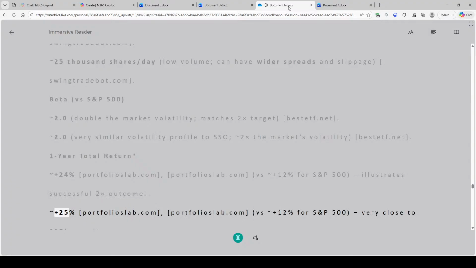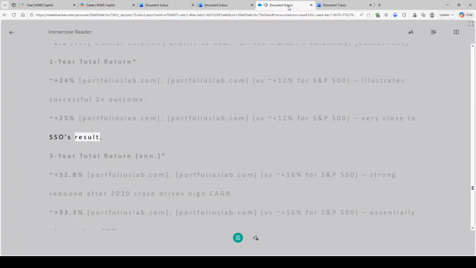Plus 25%, versus plus 12% for S&P 500, very close to SSO's result. 3-year total return: plus 32.8%, versus plus 16% for S&P 500, strong rebound after 2020 crash drives high CAGR.